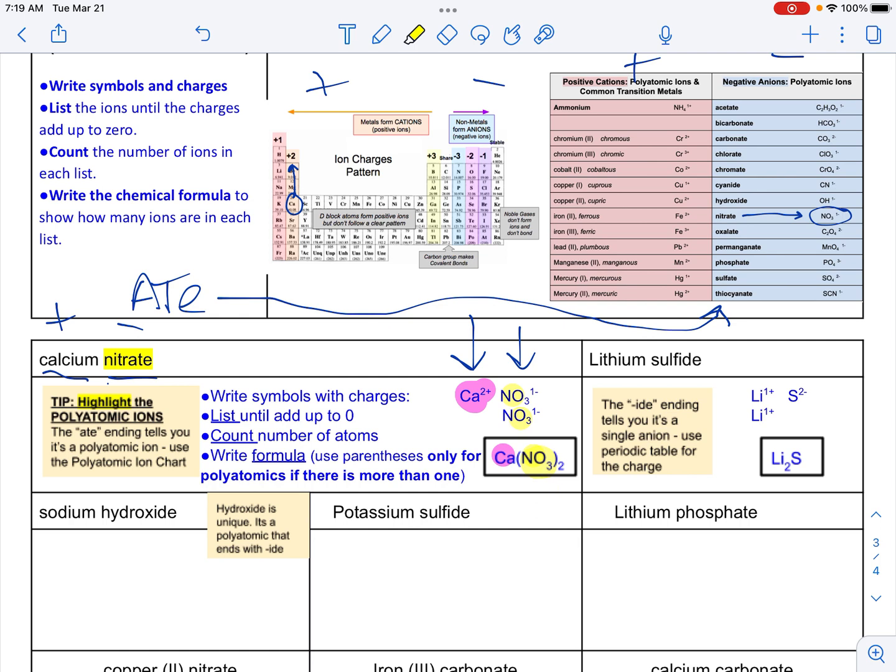But then outside the parenthesis, I have this 2 to tell you that there were 2 of those. So the parentheses are a little tricky, but think that through a little bit. So that one had a type 1, calcium was a type 1, and a type 2 polyatomic.